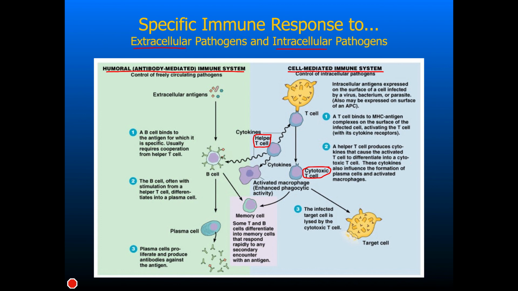Because helper T cells are going to receive signals and give signals to the humoral side, and they're going to receive signals and give signals to cytotoxic T cells as well, okay? So here we have at the center our helper T cells, our cytotoxic T cells worried about intracellular pathogens like viruses, and our humoral side with our B cells and our antibodies concerning themselves more with extracellular pathogens. Okay?